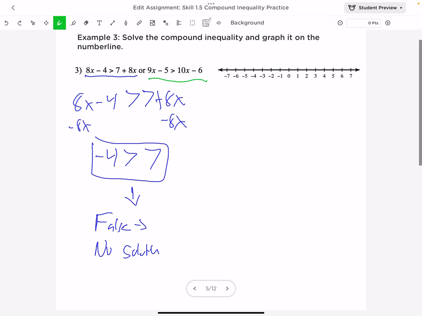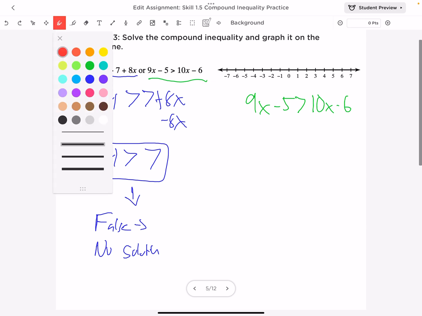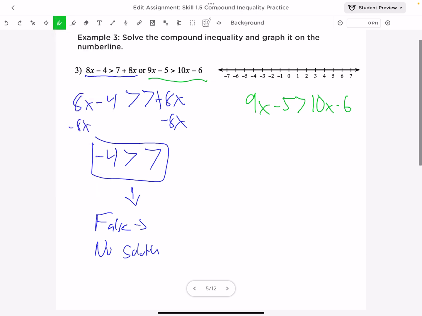And here I have 9x minus 5 is greater than 10x minus 6. Now notice in this case, my x's are different, all right? So we are going to get an x value in this case. So I want to solve for that x. I do minus 10x, minus 10x.